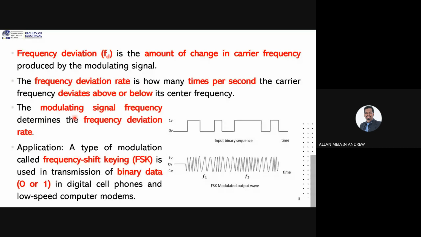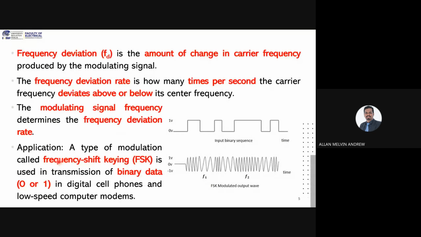The modulating signal frequency determines the frequency deviation rate. So it depends on the frequency of your message signal. If your message signal varies more, the frequency deviation rate will be more. Okay, so it depends.